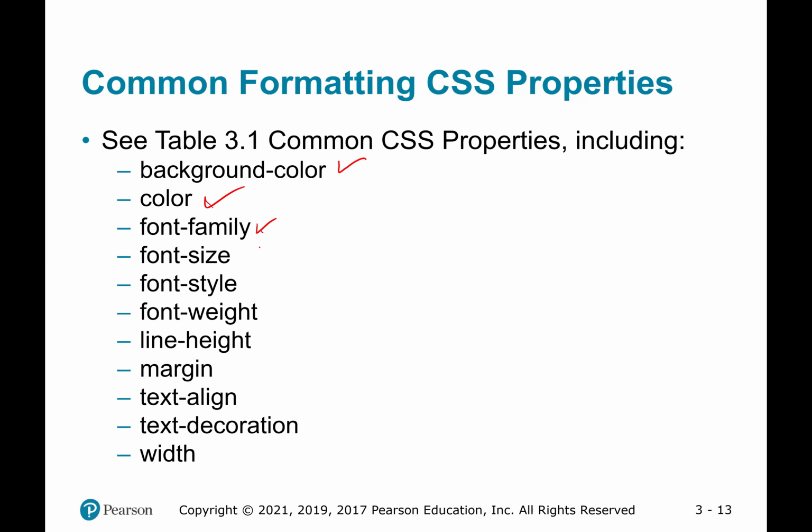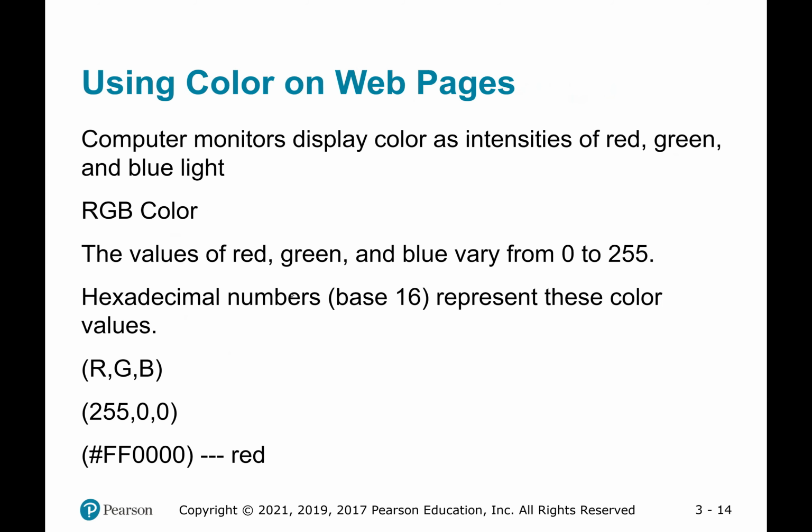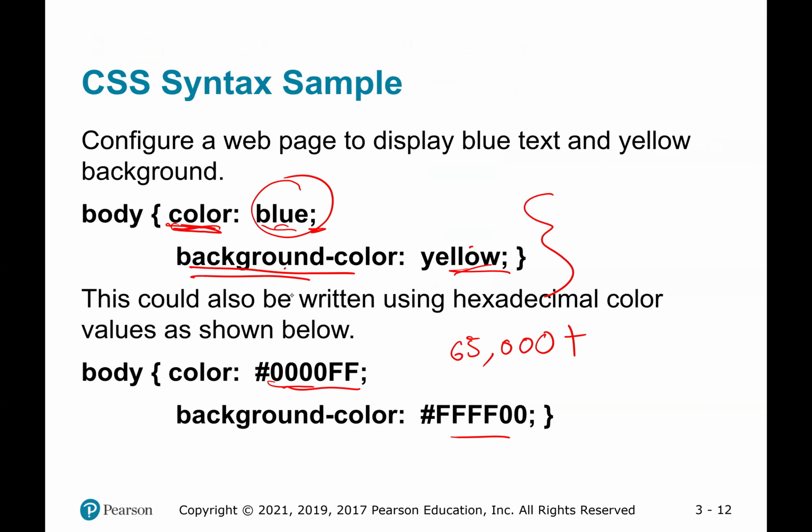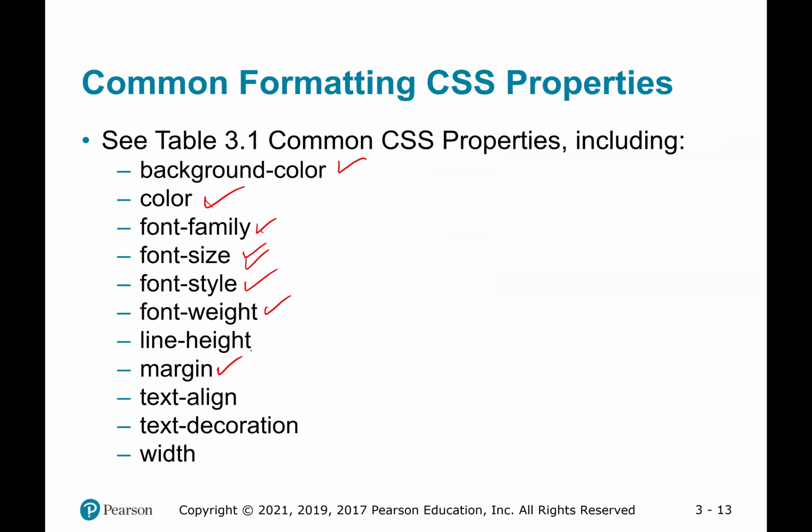You can change the font family, font size, font style, font weight, etc. And then you can change the margin, text alignment, width of the element, etc. Right? So we'll revisit some of these soon, but these are the common ones. Probably you want to remember these ones.